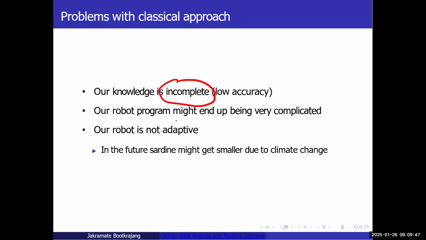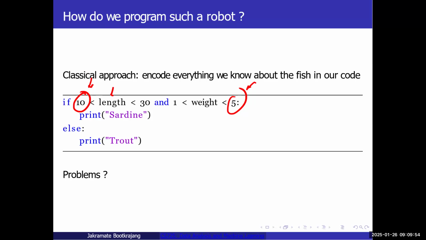Another issue is that the robot program might end up being very complicated. Right now it's very simple, but there might be a trout that has this kind of condition, like a very big trout or a very small trout that fits the description of the study that we have written.